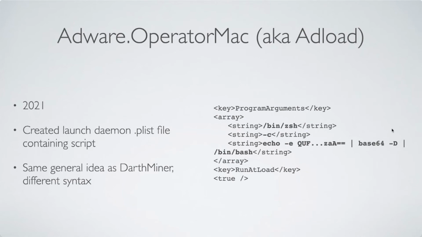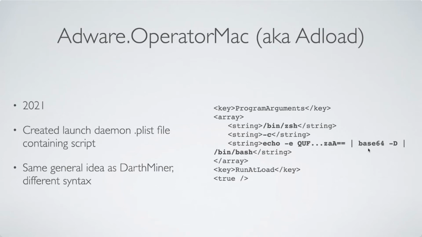Here's another one, OperatorMac. This was in 2021. A lot of folks these days are calling similar things Adload. So I think Malwarebytes is one of the only companies that uses the OperatorMac name. And again, it created a launch daemon plist file containing this script here. This is the same general idea as Darth Miner, but slightly different syntax.